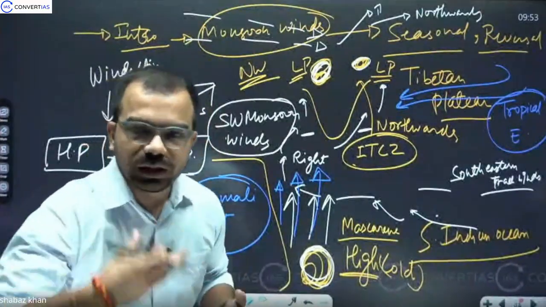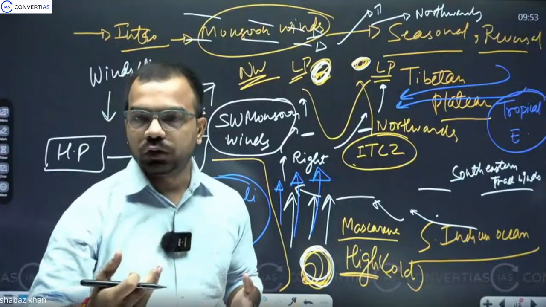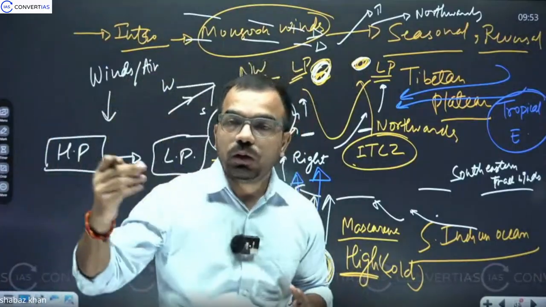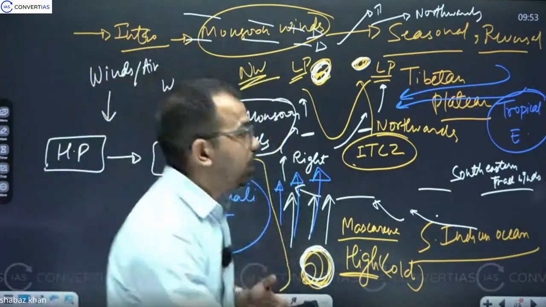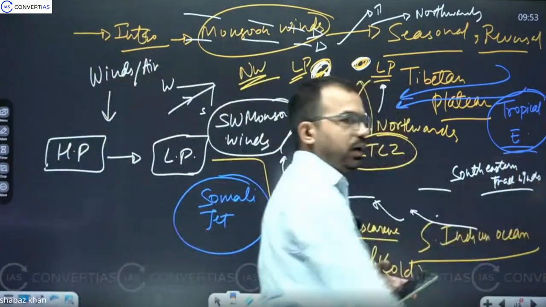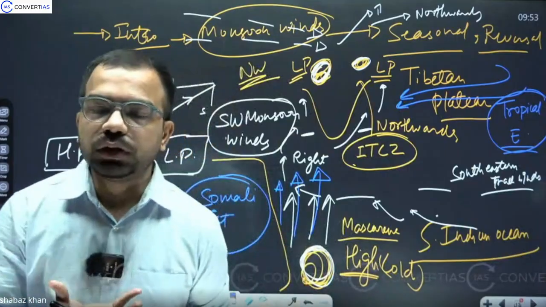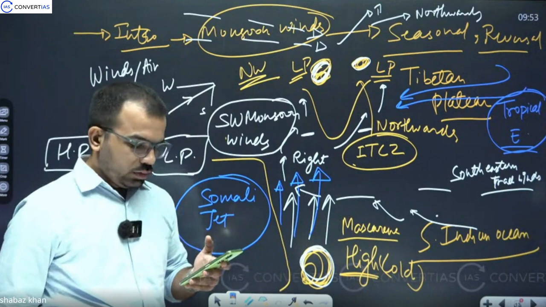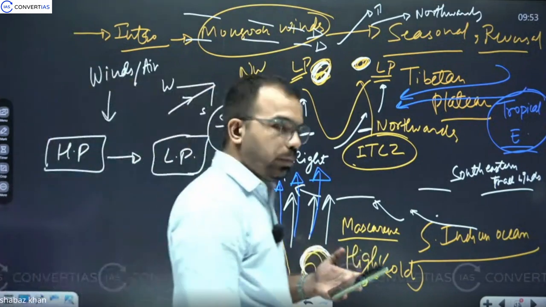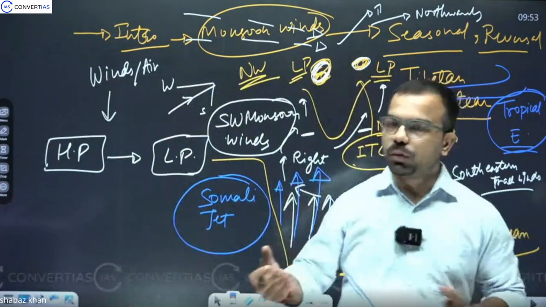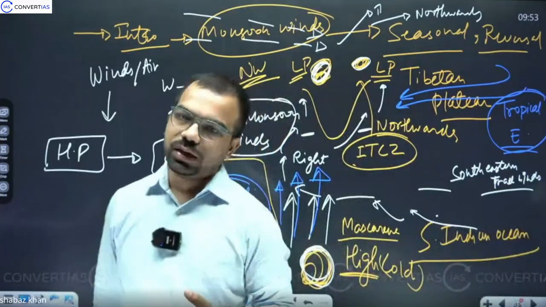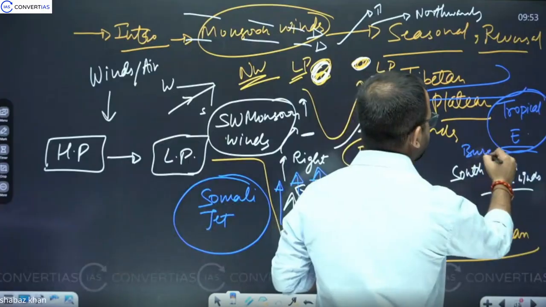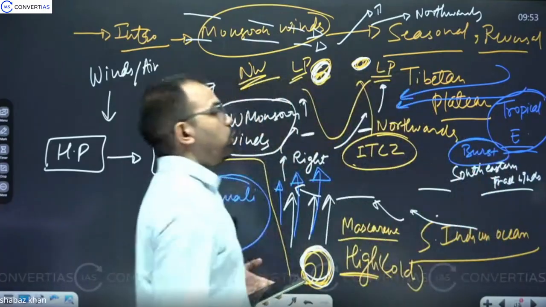Tropical easterly is fairly important in the break of monsoons. The little bit, like 4 or 5 days, 1 week of continuous rainfall that is pushed by the tropical easterly. Sorry, the burst of monsoon. There are two parts, burst and break. That burst of monsoon comes due to the tropical easterly.